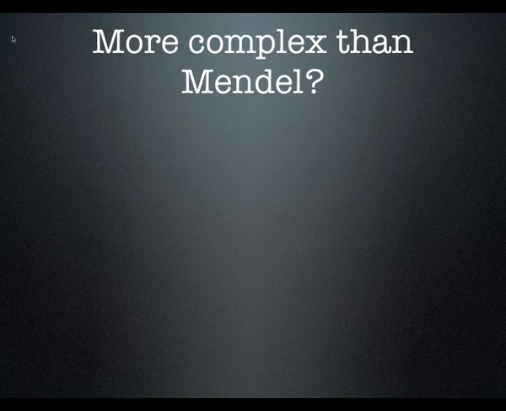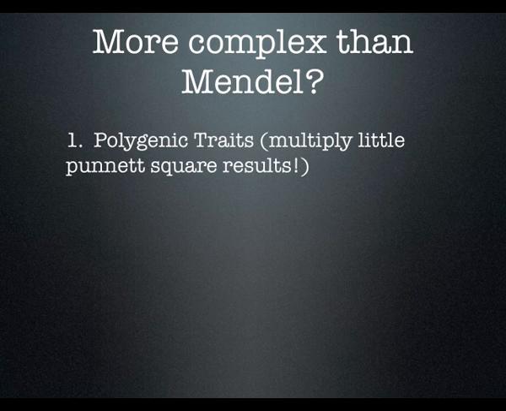We talked about polygenic traits. Realistically, each gene that makes up a polygenic trait is a Mendelian gene. But then the outcomes of the little Punnett squares get multiplied together to give you the overall probability of a polygenic trait. And it results in a bell curve of phenotypes.